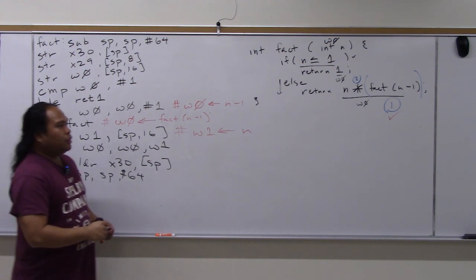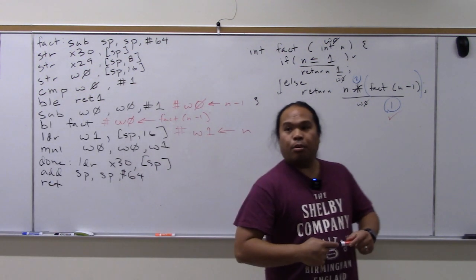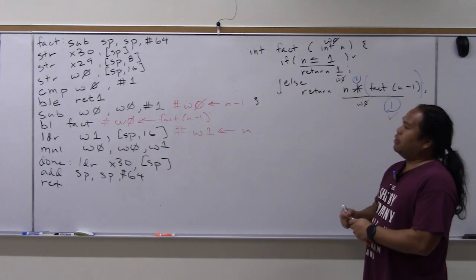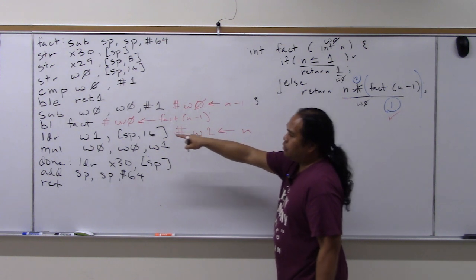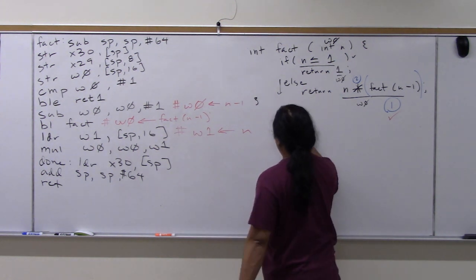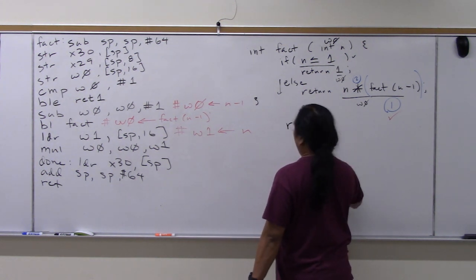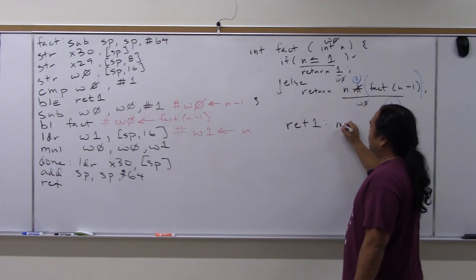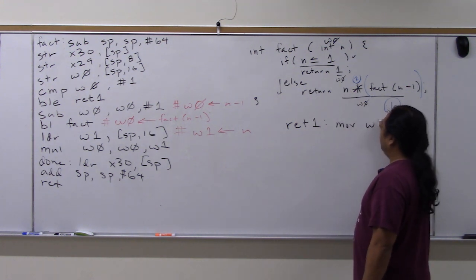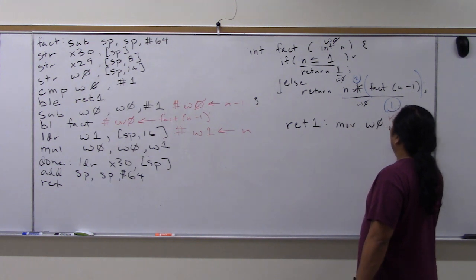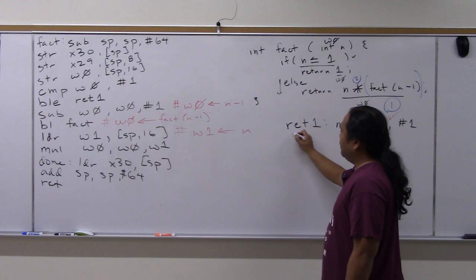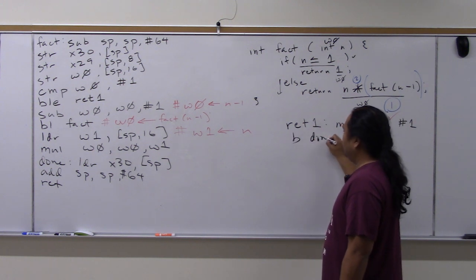So that concludes the recursive part of the code. We still have to add this base case code. So I called that ret1, so that would be somewhere else in the code. It would say ret1, and we need to return 1. So I will just move a value of 1 into W0 and then branch to done, okay?